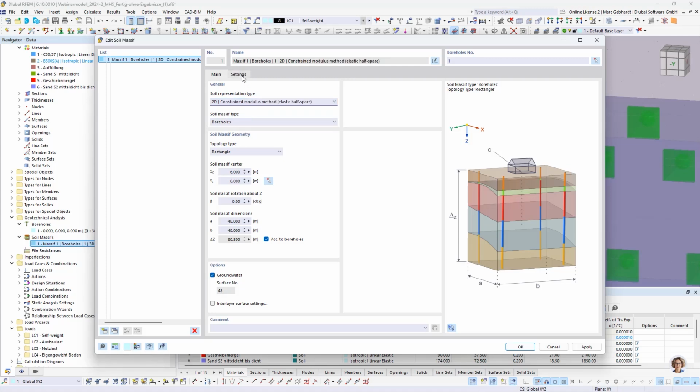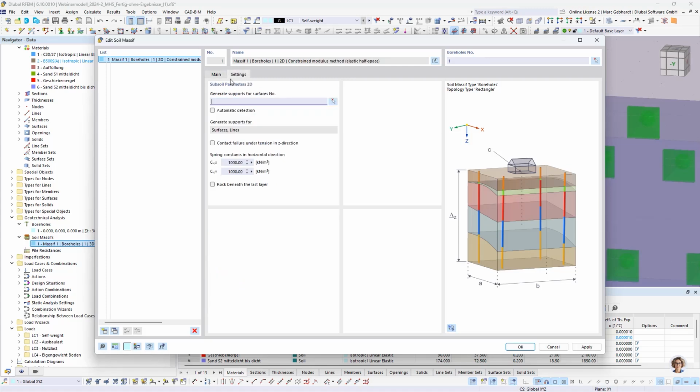Now we see the additional settings tab is open, and here you have to select where the supports will be generated. You can select the surface by hand or use the automatic detection. Furthermore, in the future it will be possible to select on which parts of the surfaces, such as surfaces, lines, and nodes, the elastic support coefficients will be generated.